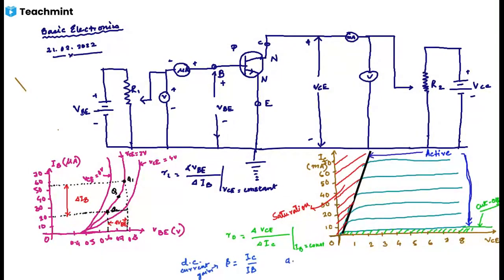Now AC current gain can be represented as beta 0 equals del IC by del IB, for VCE equals constant.